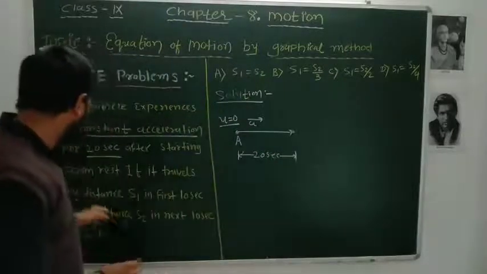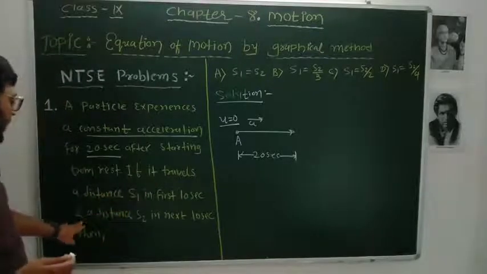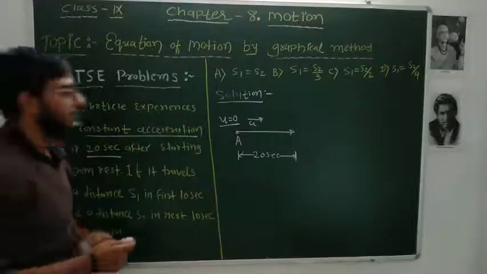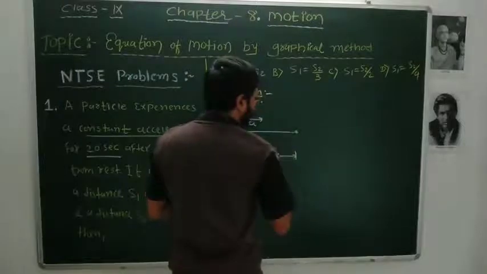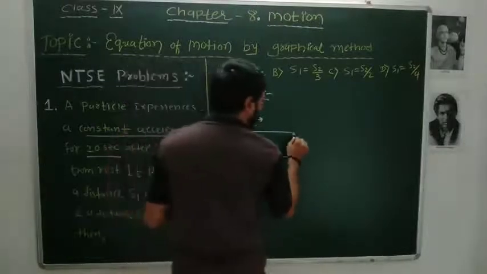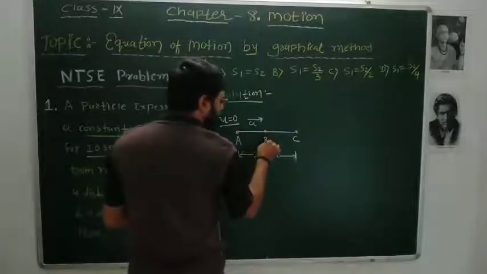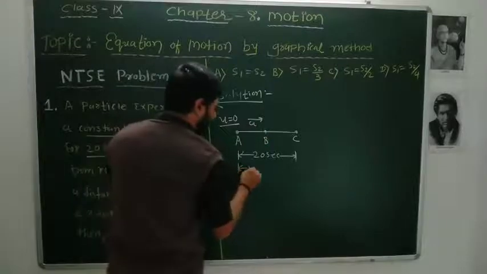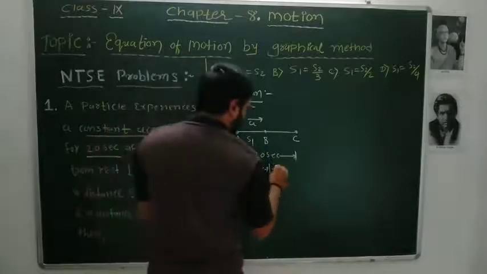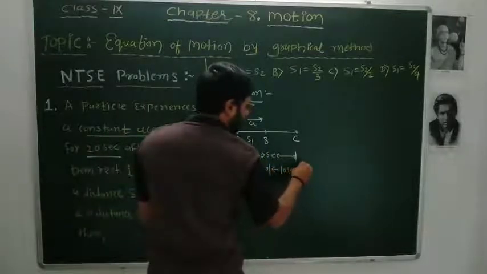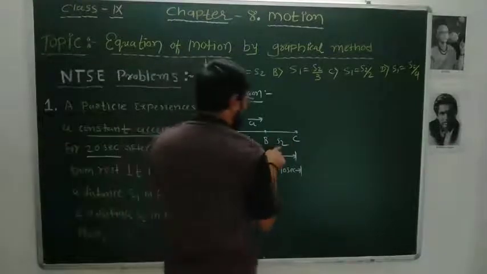If it travels the distance s1 in the first 10 seconds and the distance s2 in the next 10 seconds, suppose the point it reaches after 20 seconds is C, and after 10 seconds it reaches point B. The distance covered in the first 10 seconds is s1, and in the next 10 seconds is s2. Here we need to find the relation between the displacements s1 and s2.